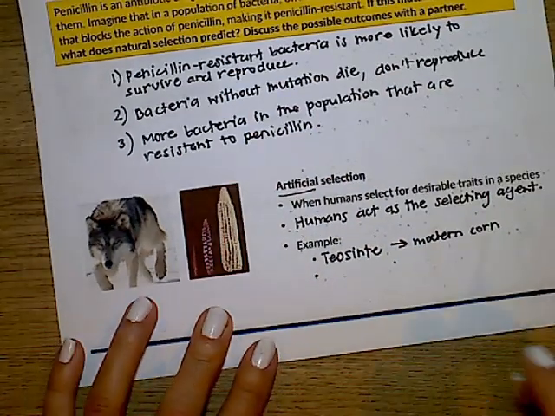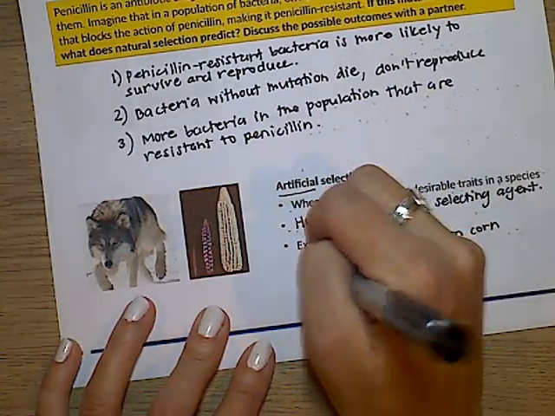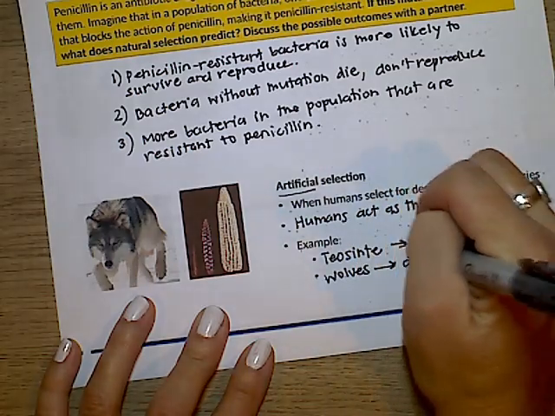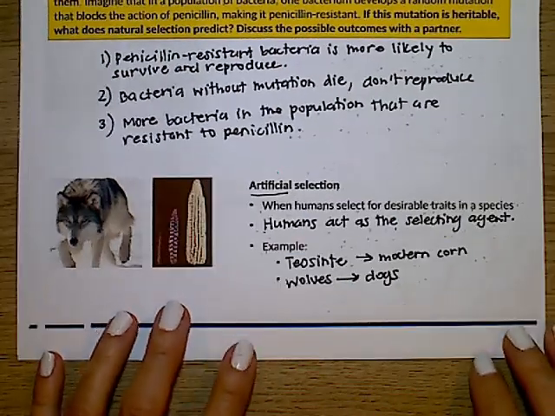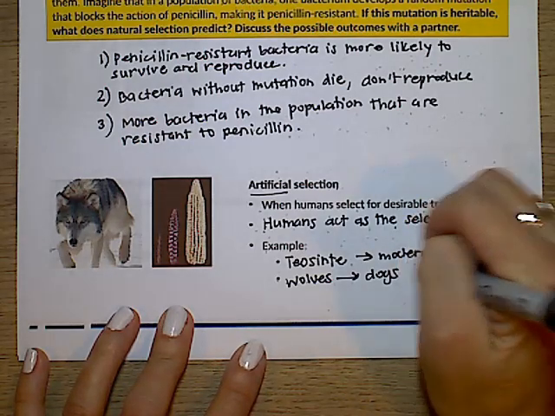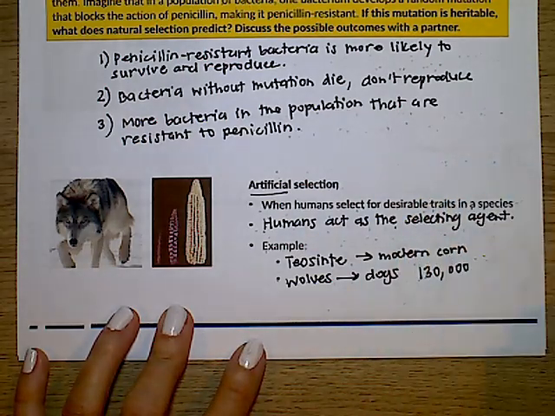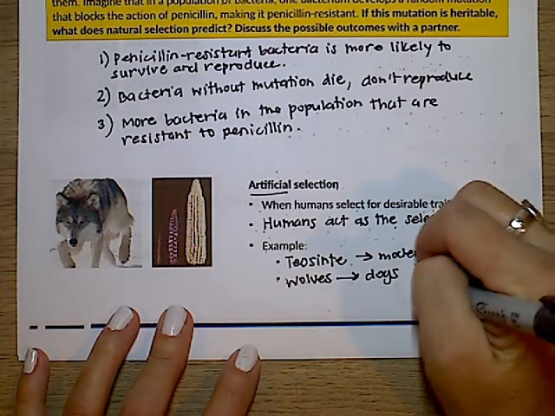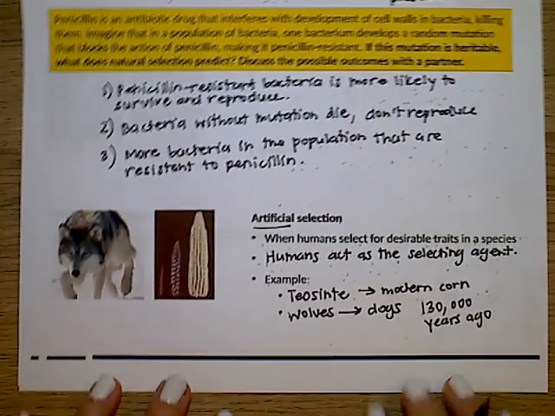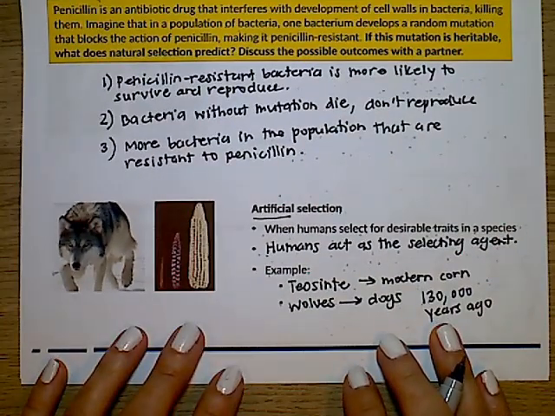Another example is wolves being domesticated into dogs. This was 130,000 years ago that they believe this started. So imagine a bunch of, shoot, I'm getting my timelines wrong. Early humans or humans?